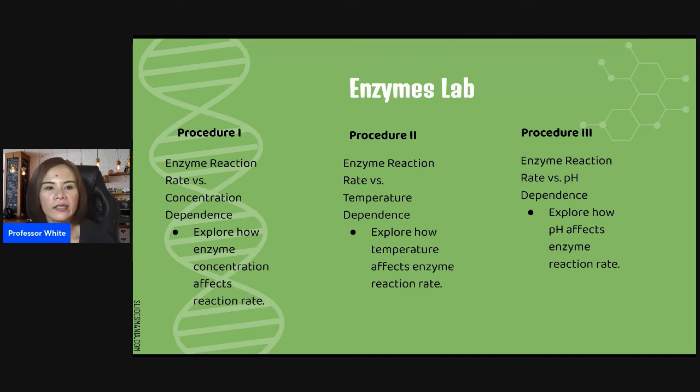Procedure two, the enzyme reaction rate versus temperature dependence. You're going to explore how the temperature affects enzyme reaction rate. And procedure three is the enzyme reaction rate versus pH dependence. In this part, you're going to explore how the pH affects the enzyme reaction rates.